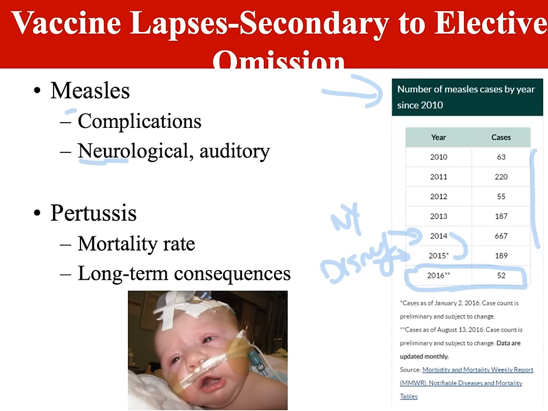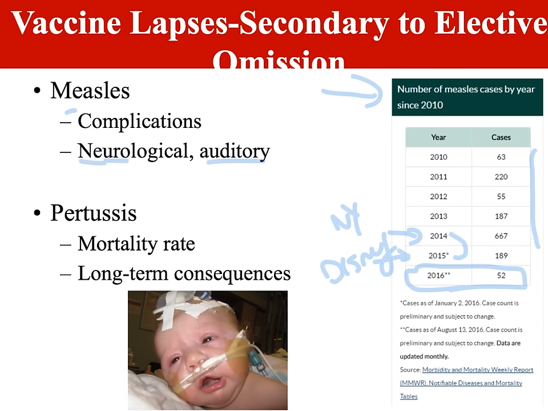So measles virus, rubeola virus, I should say, can invade the central nervous system. It can also cause permanent hearing loss. And in addition to that, measles rashes themselves can leave a bit of scarring.